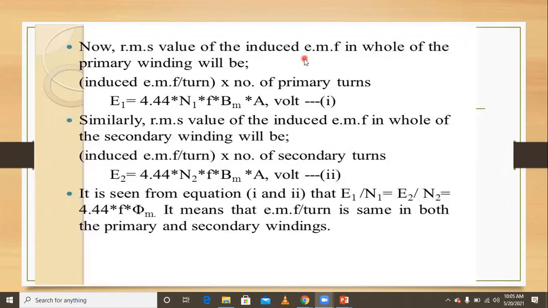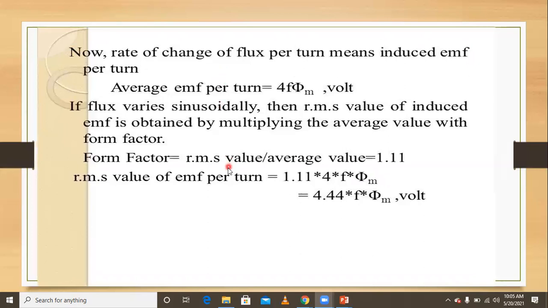Now the RMS value of the induced EMF in the whole of the primary winding will be, okay. Here the RMS value of EMF per turn is called E by N. This is for 1 turn, 4.44 into F into phi m.